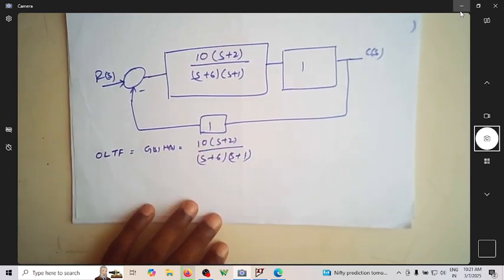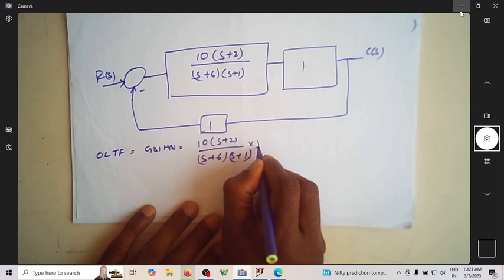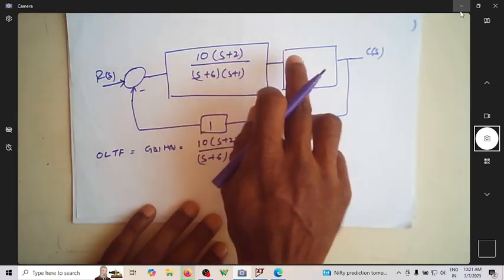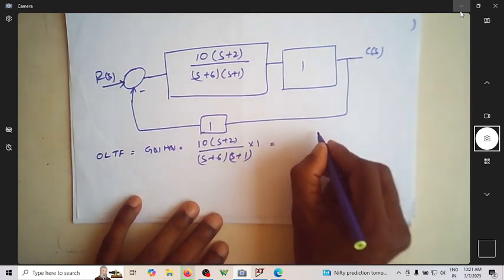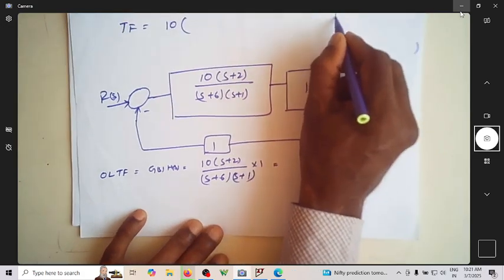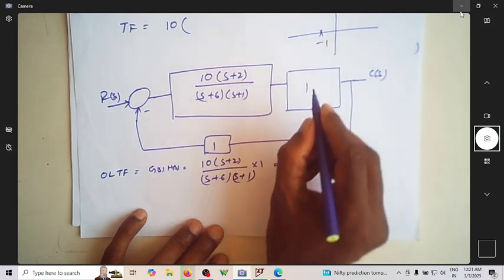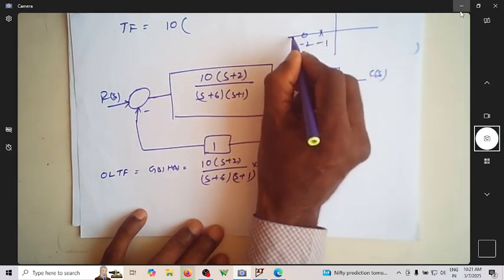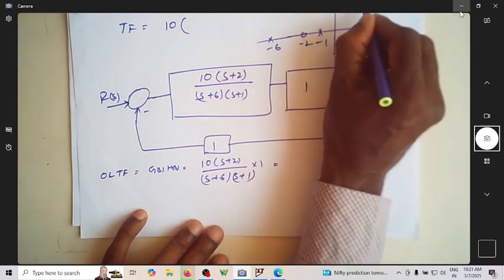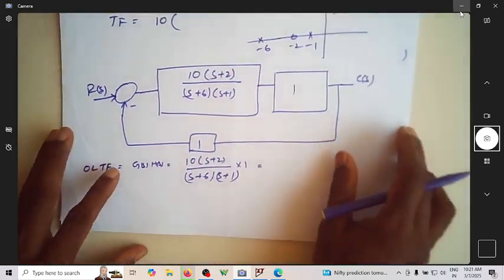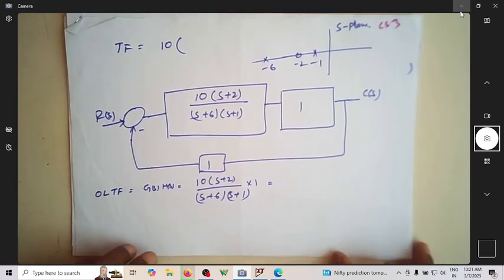H(s) is 1. So where are the poles and zeros? In the open loop, there is a pole at -1, a zero at -2, and a pole at -6. It is the s-plane representation, so in s-plane representation I can comfortably write this.